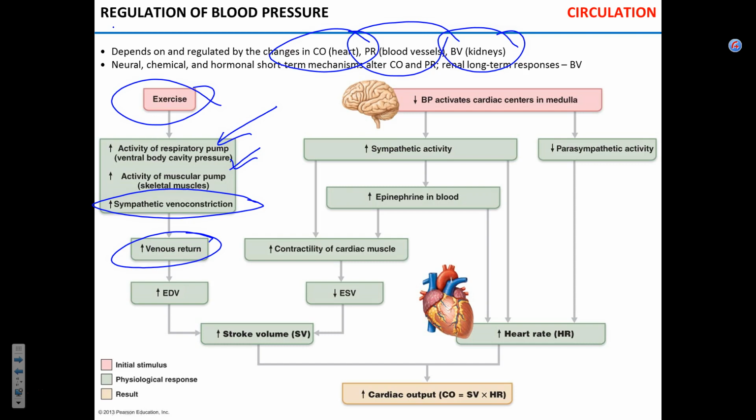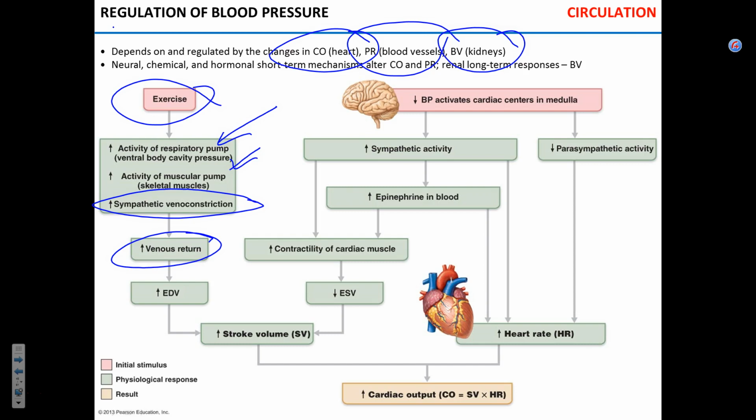Do you understand why? Okay, so muscles squeeze your veins harder, pushing more blood through the veins into the right atrium, increasing venous return. Your heavy respiration also contributes to higher venous return, pushing the blood towards the atrium through the veins.